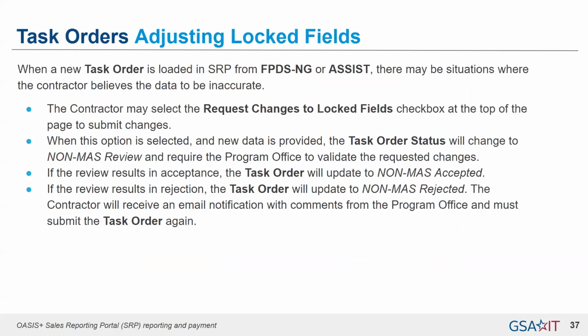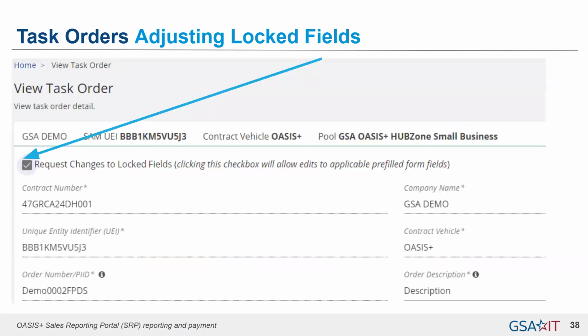So we have to adjust the locked fields, right? What that means is once the data push comes through, we need to make some adjustments. We have to make sure that all the data, even if it comes through from FPDS, we don't know 100% that it's clean. And that's this little option here. If you check this, you can go through and make changes to any of the fields that don't seem correct.